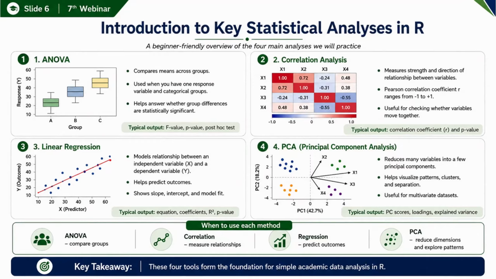Some parameters might be physical, some parameters might be chemical, some parameters might be structural. So you can group them and reduce them to a particular component. The typical output of PCA is PC scores, loadings, explained variance.